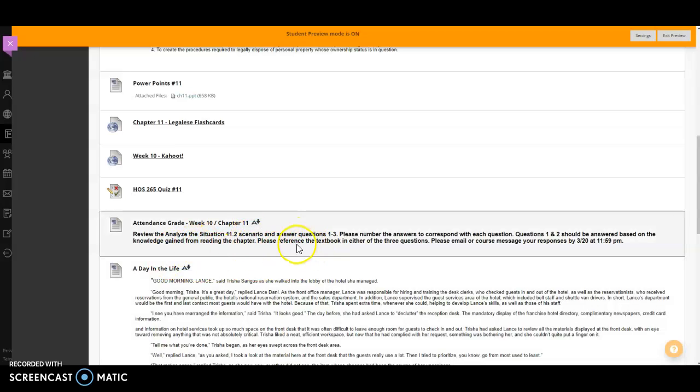Our attendance grade for the week, you're going to analyze the situation in 11.2, and that is on page 207. This is a good example of something that really does happen. I know I say that each week, but I can't stress to you guys enough how real some of these are.